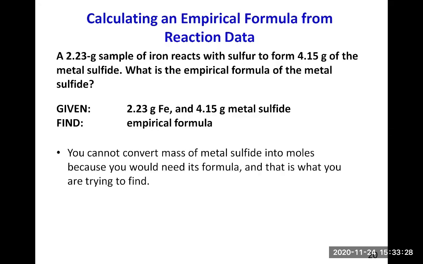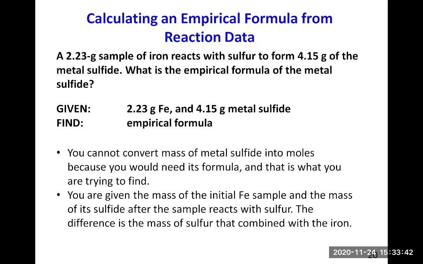Here, you cannot convert the mass of the metal sulfide into moles because you don't have its formula. You would need its formula, and that's precisely what you're trying to find. You're given the mass of the initial iron sample, and the mass of the sulfide after it has reacted with the sulfur.